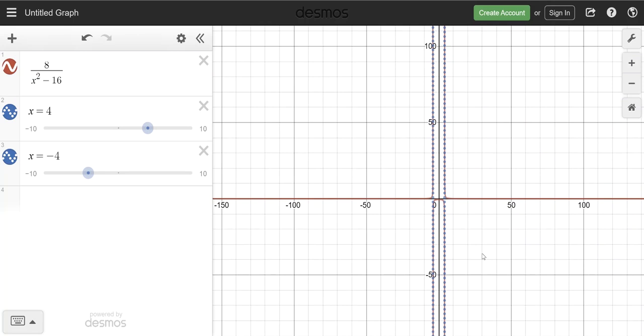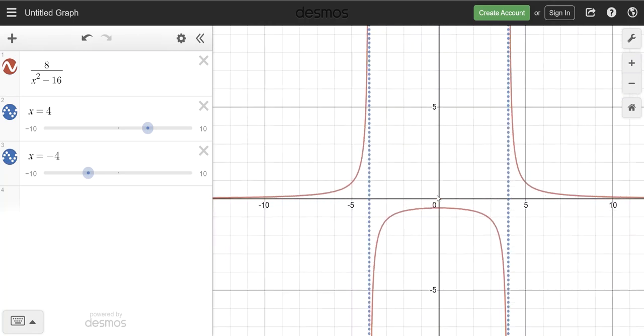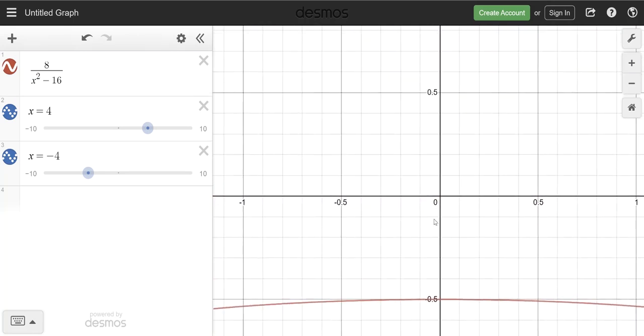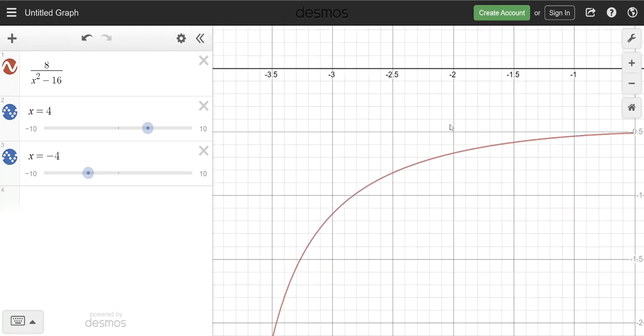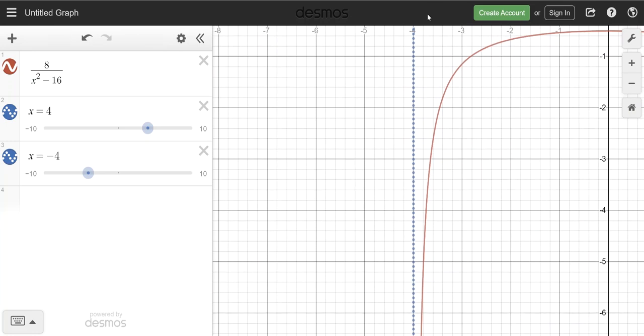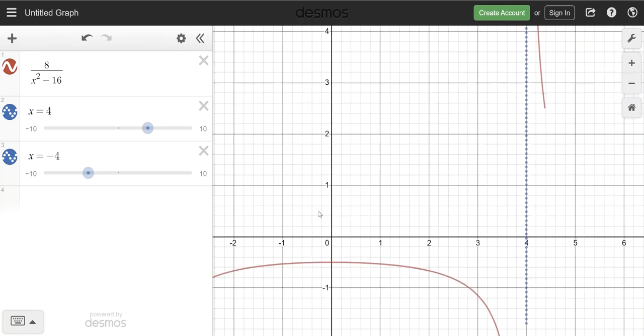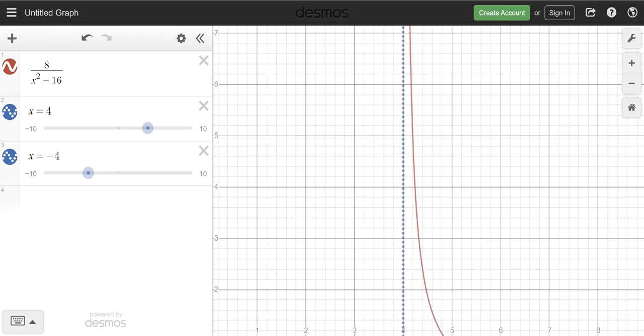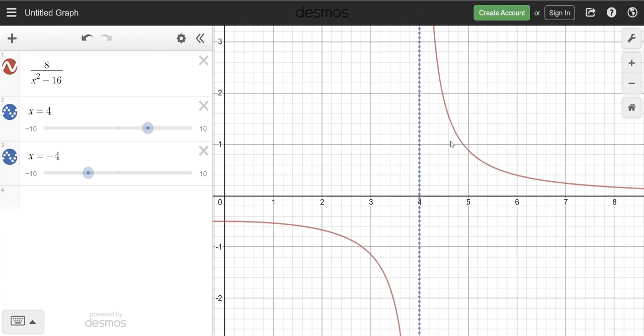So now I'm zooming in again, and you see what's happening at these values of -4 and 4. Approaching, but never touching. -4 on the right side again, approaching, but never touching.